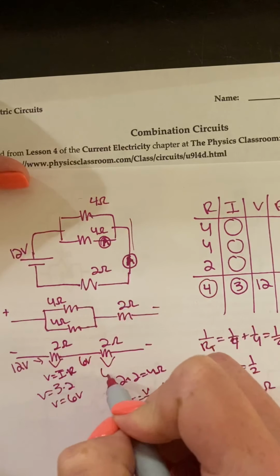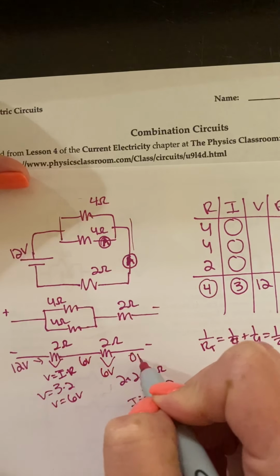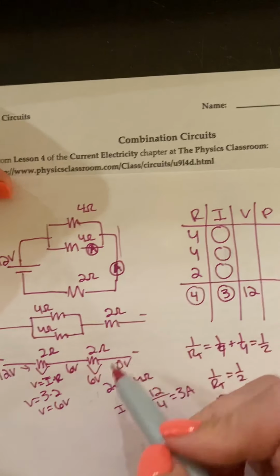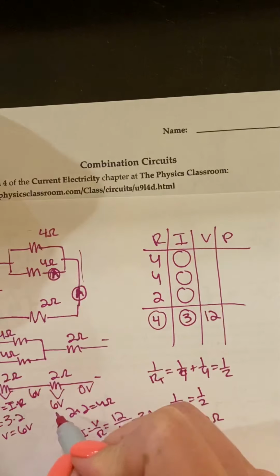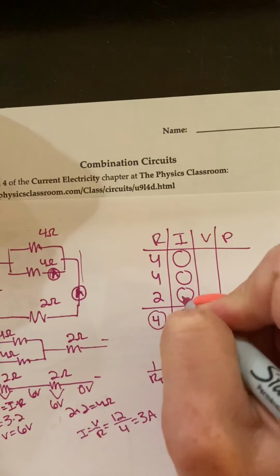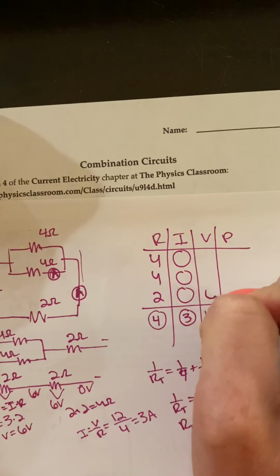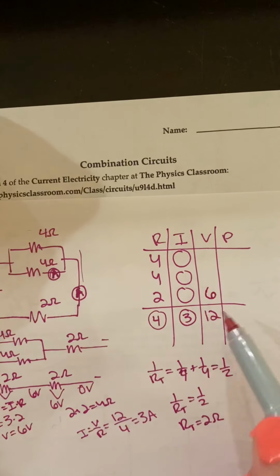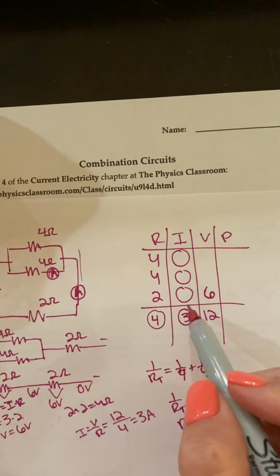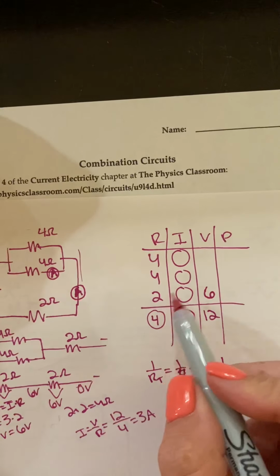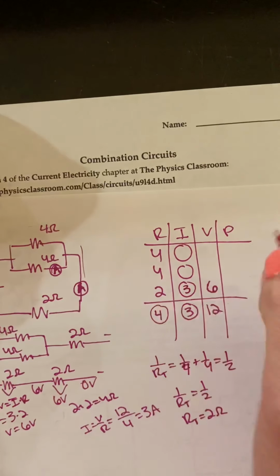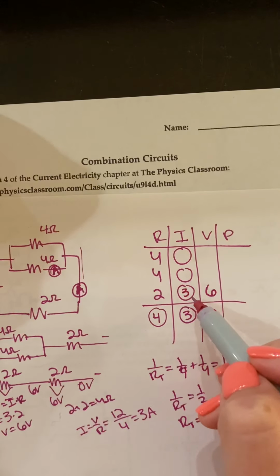I'm going to use up the other 6, leaving me with 0 volts when I go to the negative terminal of my battery. So I can say that my voltage used by this 2 ohm resistor is going to be 6 volts. And while we're here, I can also say that my current through this resistor, because this resistor is in series, is going to be equal to the total. So I should have put that in there earlier.